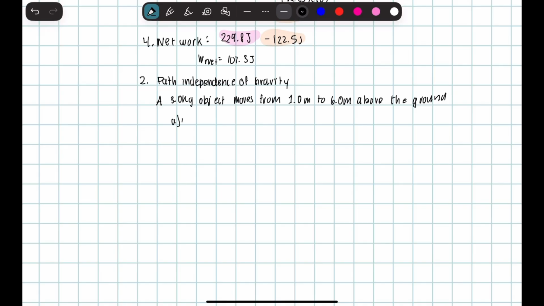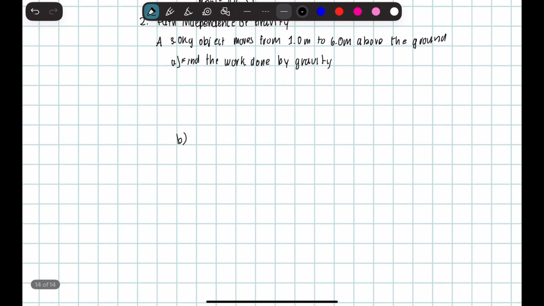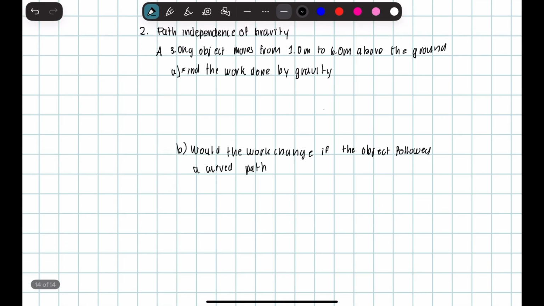We want to find the work done by gravity, and also we want to find out, would the work change if the object followed a curved path? So think about path dependence or not.